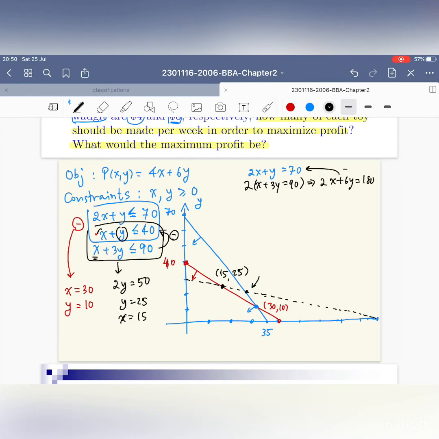So you do a subtraction to have your 5y equals 110. So your y is 22, and your x is what? As your y is 22, your x is 90 minus 66, which will give you 24, right?